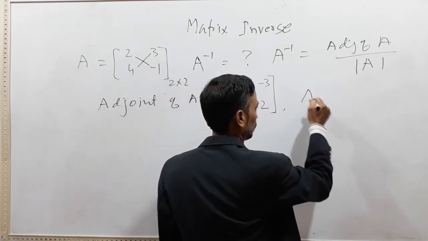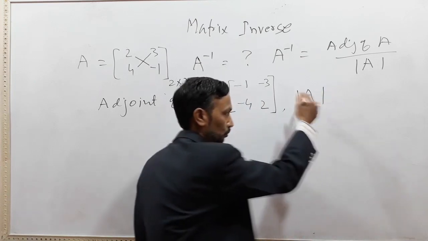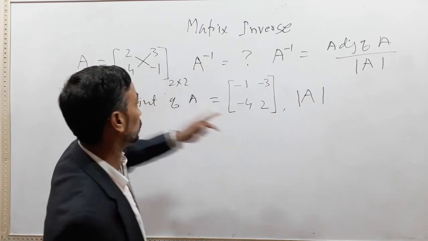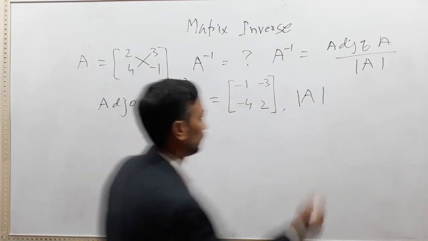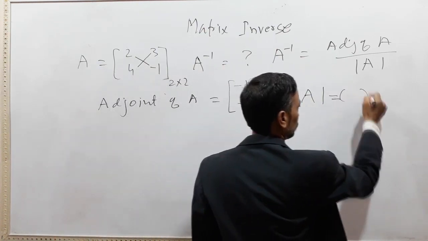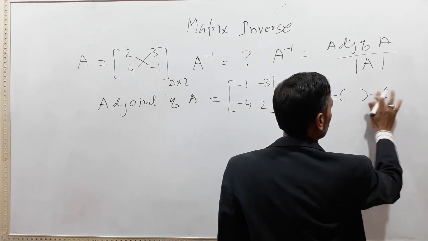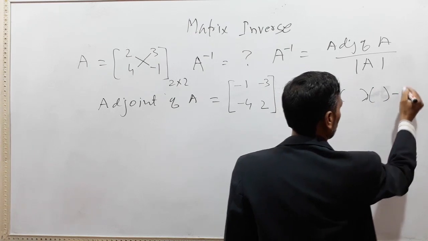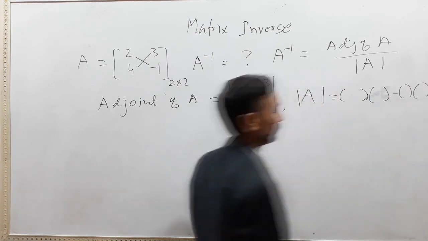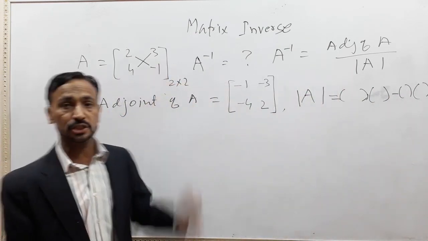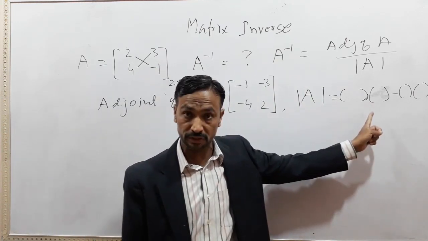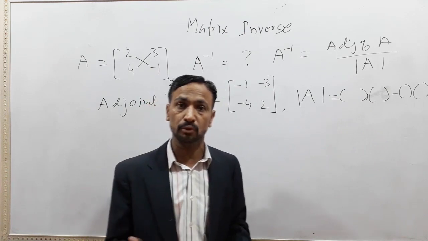Now we'll find out the determinant. The sign of these two bars is called the determinant. In the determinant, you take the difference of the products of the elements present in both the diagonals.